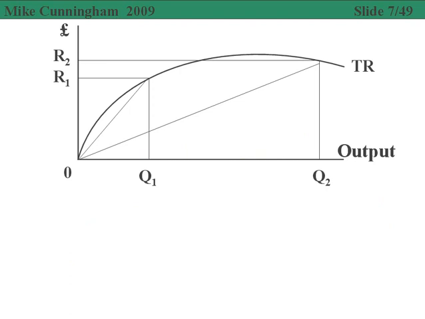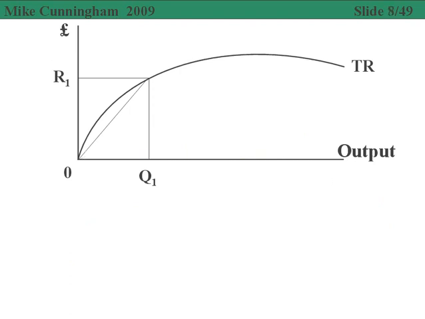Now let's just bear that in mind for a second. So we've got two outputs, Q1 and Q2, we've got two revenues, R1 and R2, and you can see that R2 has increased, but not by a lot. That's because the curve is starting to bend downwards. Let's do it again. There's the R1 and R2 as we had before.